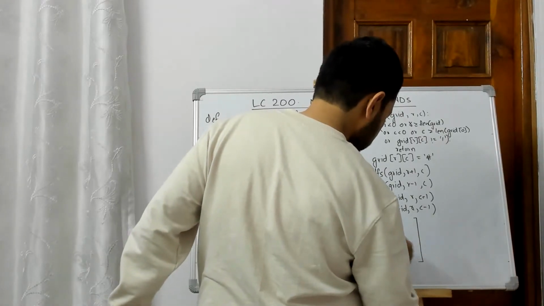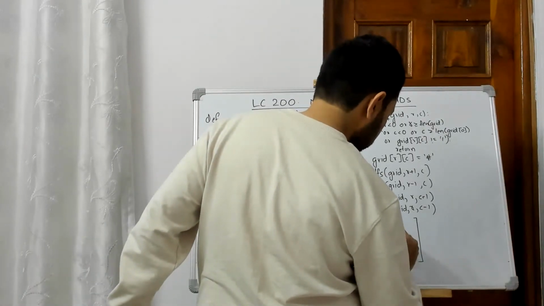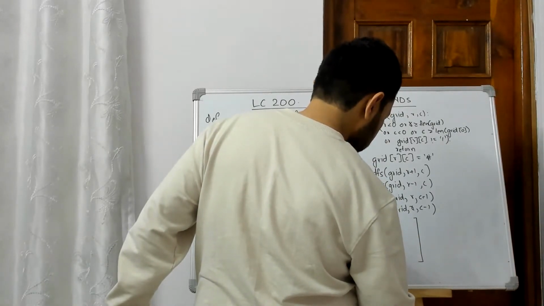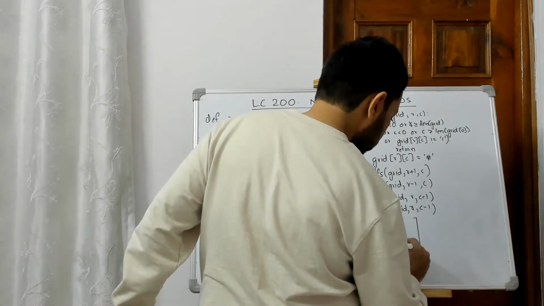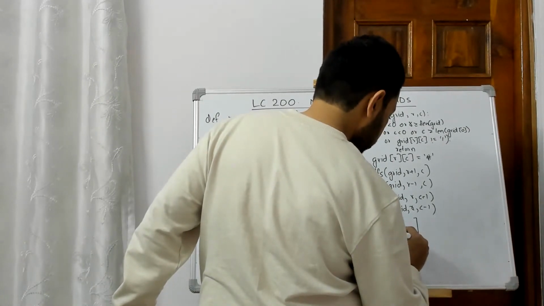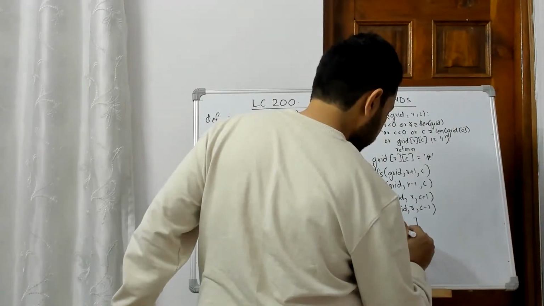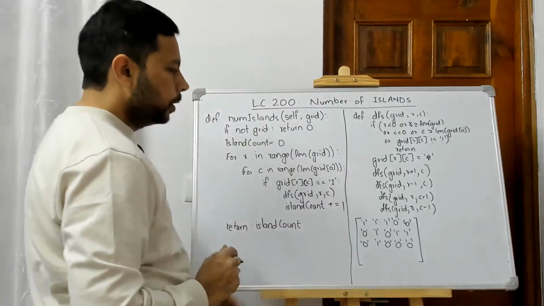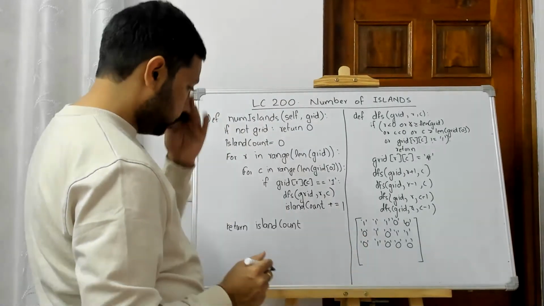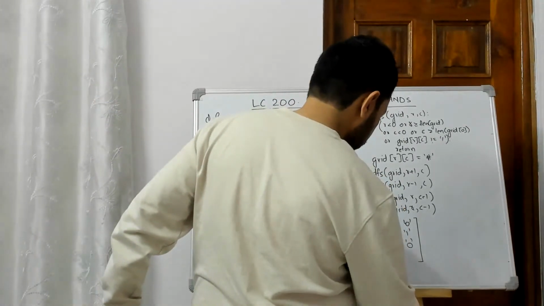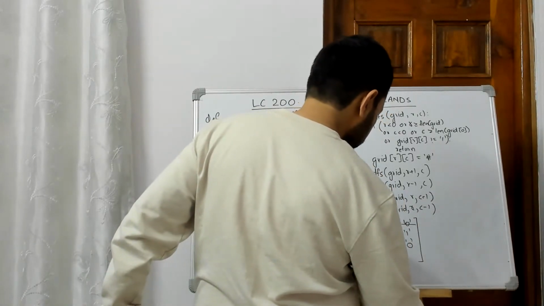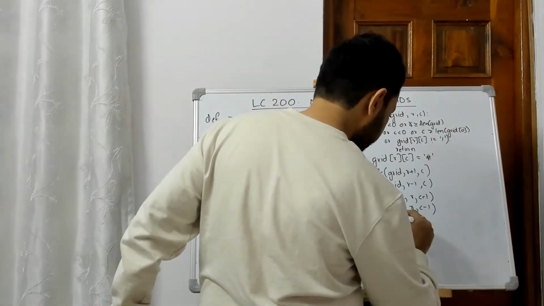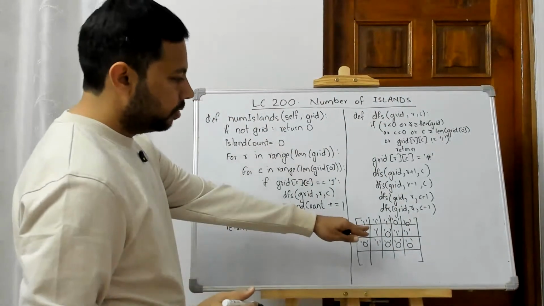Let's say this is 1, this is 0, 0, 1, 0, maybe a 1 here and a 1 here and 2 zeros. Okay, so we'll do DFS on this. Let me break it down into a 5 cross 3 matrix. So that's your matrix, 5 cross 3.